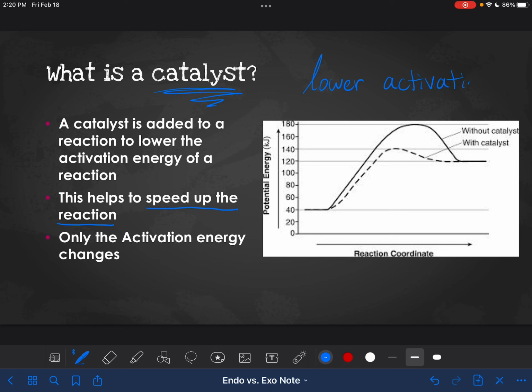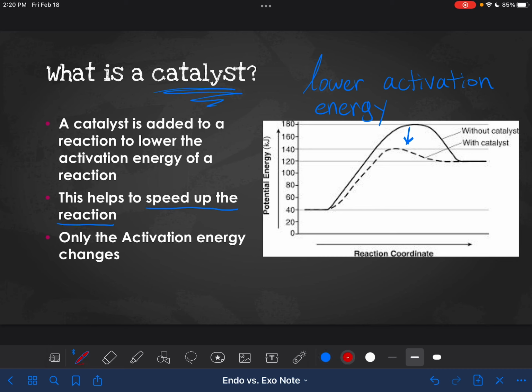That is the whole purpose of a catalyst in the potential energy diagram. And since it speeds up the reaction, it lowers our peak, or lowers our activation energy, which means we will use a smaller amount of energy.